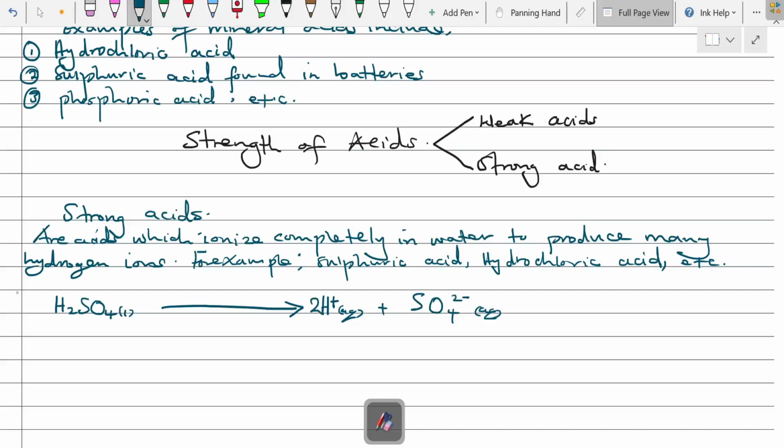You see that all the two hydrogen ions in one molecule of sulfuric acid are produced as this sulfuric acid ionizes in water. We can also have the hydrochloric acid, HCl. It is also ionizing to give us the hydrogen ions.